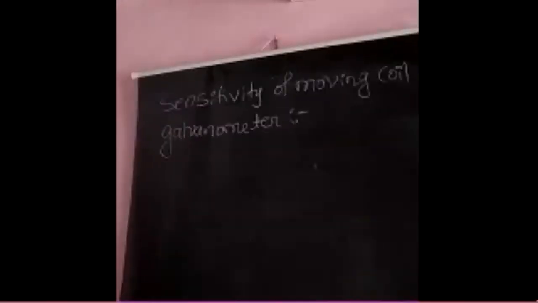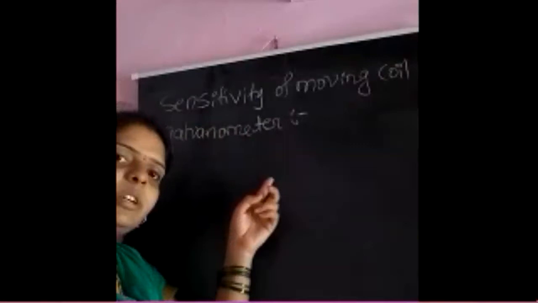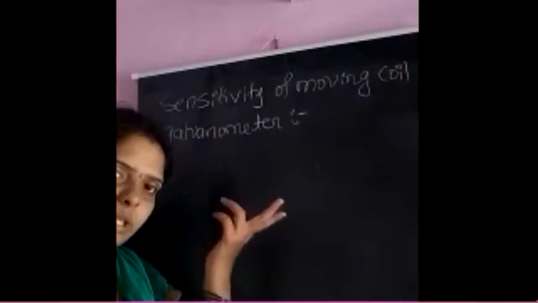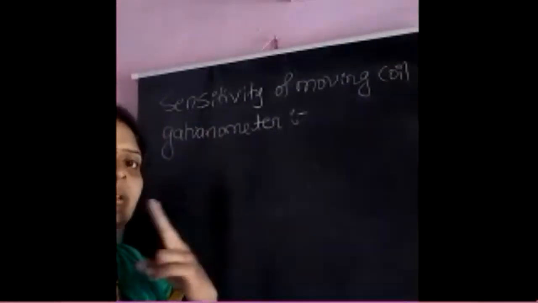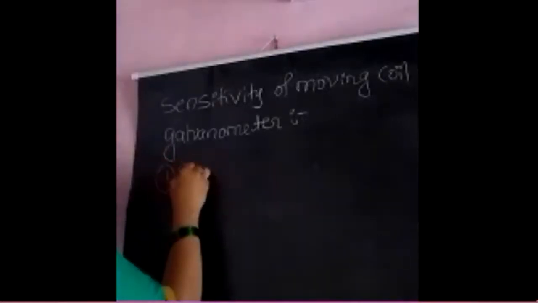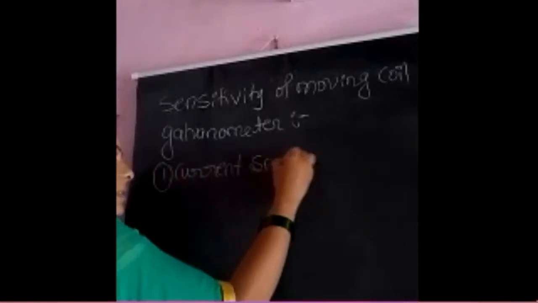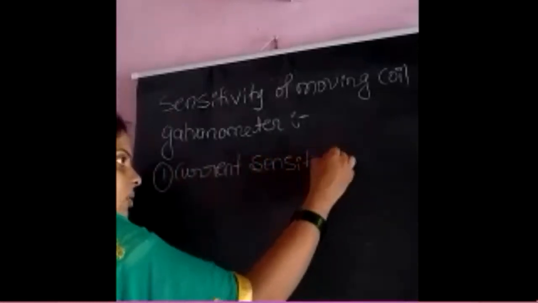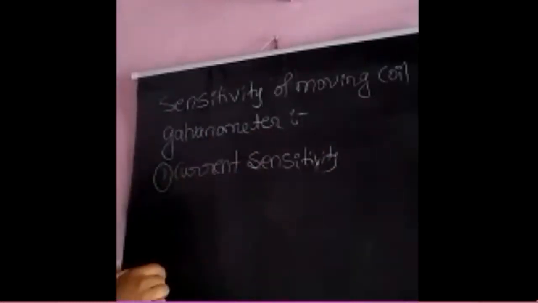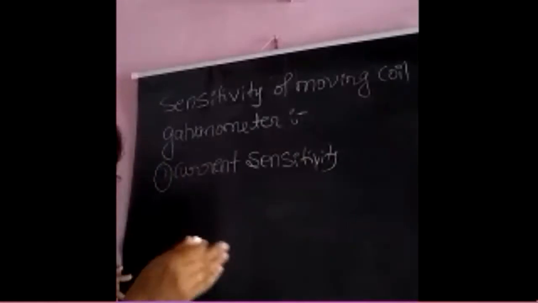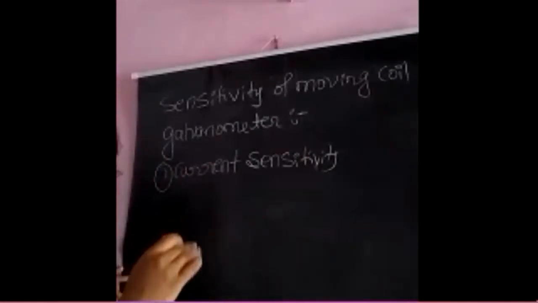So what we are discussing is that the moving coil galvanometer can be converted into an ammeter and a voltmeter. Based on that, we have two types of sensitivity. One is called current sensitivity. Understand this point clearly, because this is there in the practical also. It will help you for viva questions.